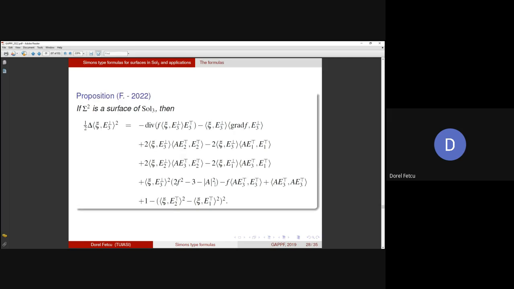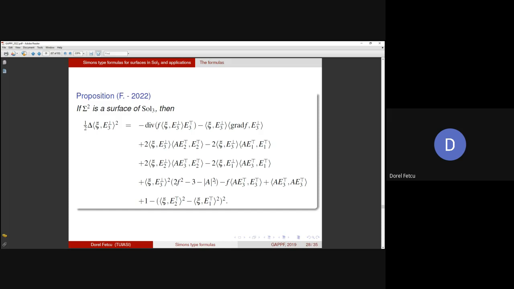Now, before giving some of the applications of the Simon's type formula, I will show you a slightly modified one. Let's call it an adapted Simon's formula. Adapted because it will also include the angle between the normal vector field and the normal part of E3.